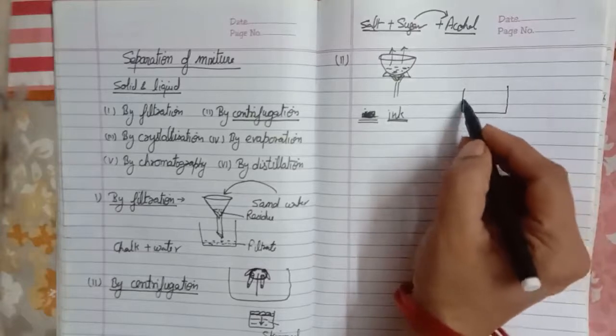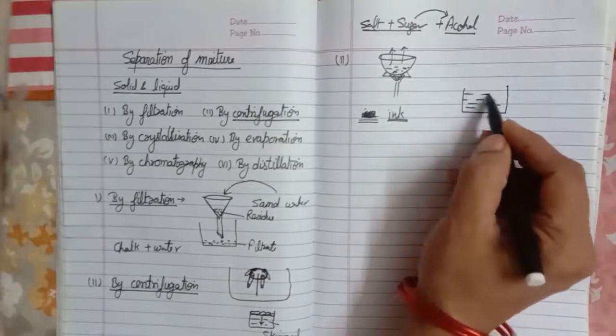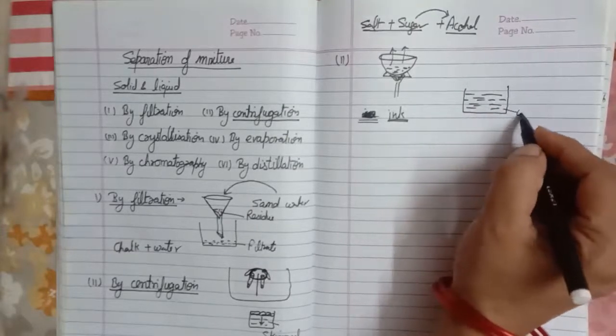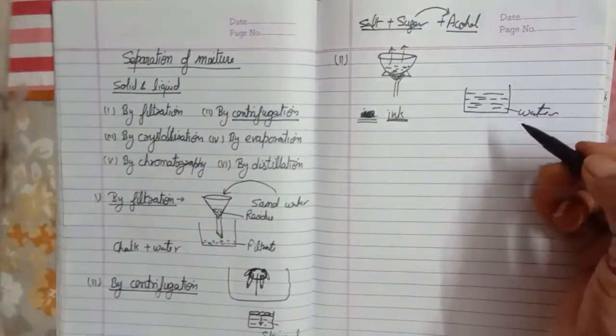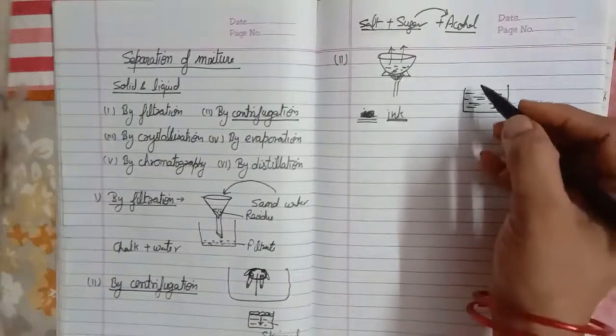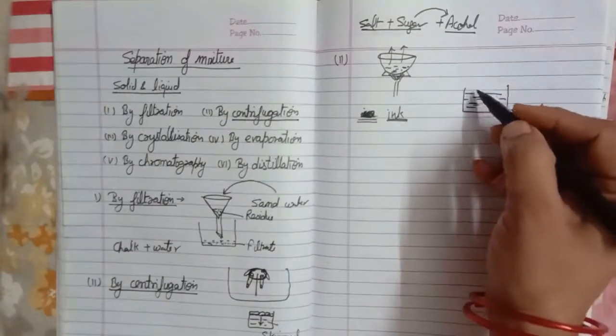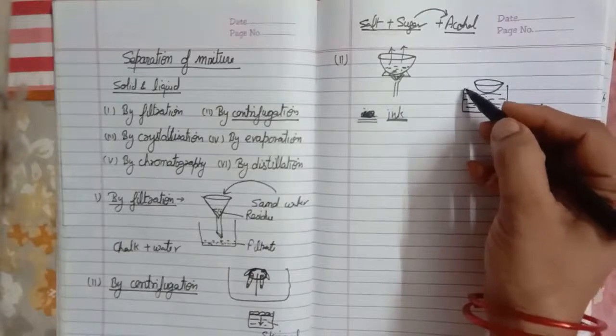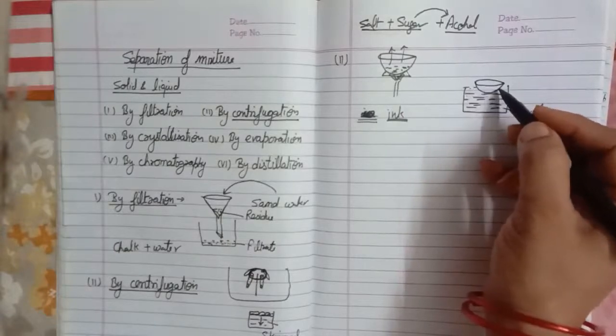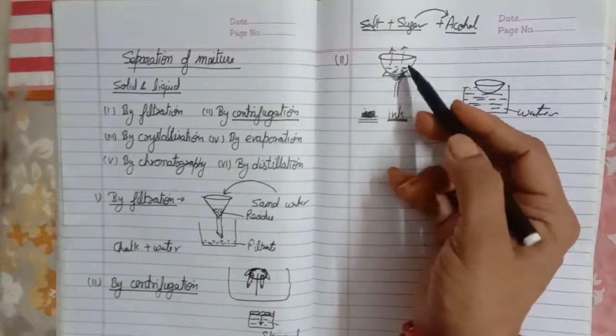A water bath contains water up to a certain height. We know that the temperature of the water cannot rise more than 100 degrees Celsius, and on this water we place the mixture which we want to evaporate.